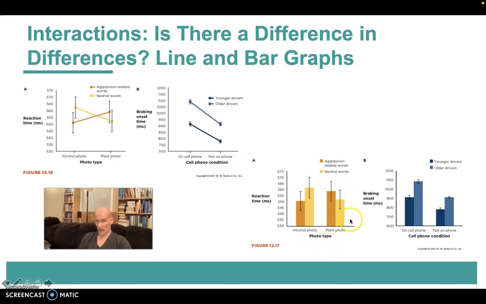However, we find the opposite when these words are preceded by a plant-related photo. When preceded by a plant-related photo, people respond faster to neutral words than to aggression-related words. You just describe what's happening like that.